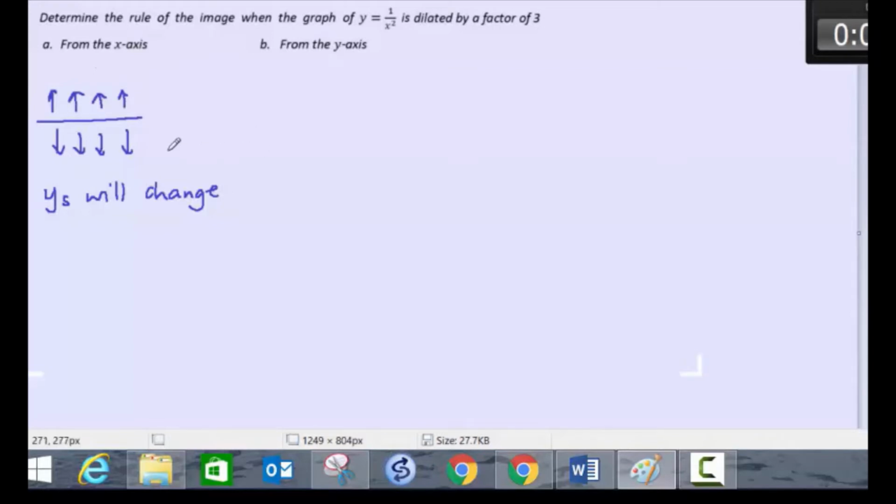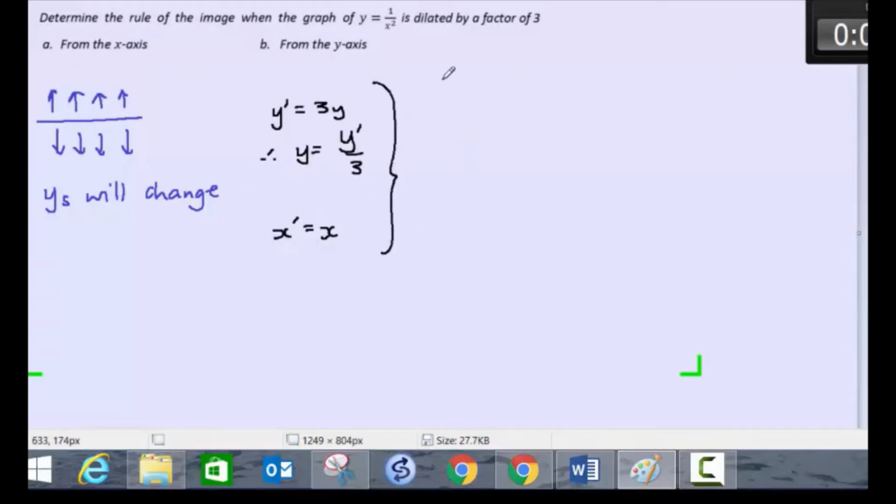So for part A, what we'll do is we'll have a look first of all at our y's, and we get to see that our new y will now be 3 times my old y. So therefore, my old y is my new y divided by 3. Remember that we want everything in terms of our old letters because we're going to substitute into the equation. Our x's, on the other hand, when we dilate from the x-axis, don't change.